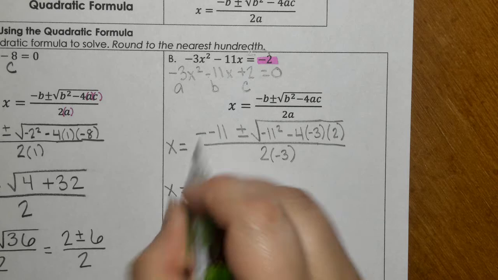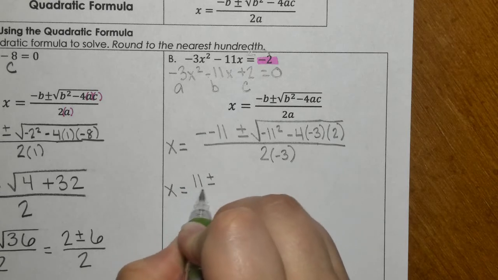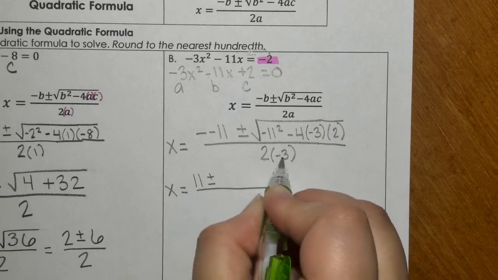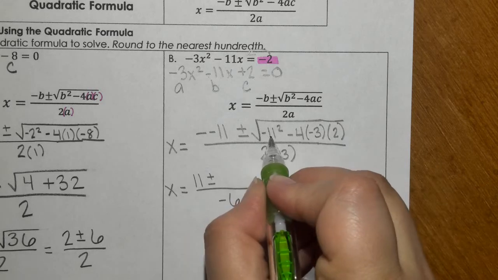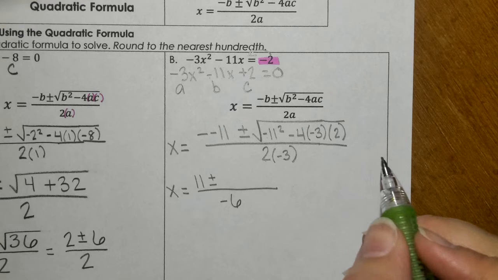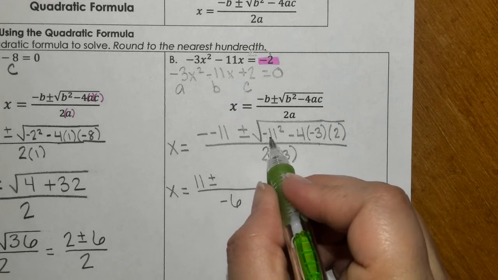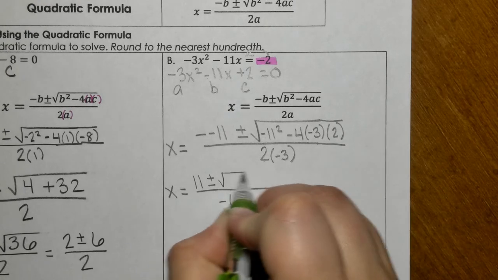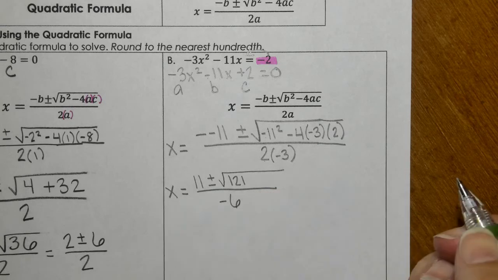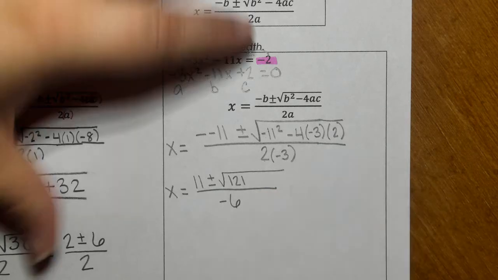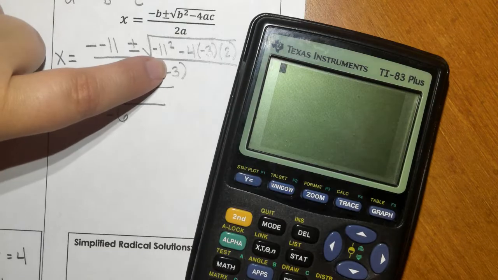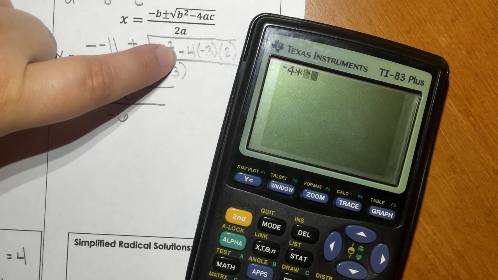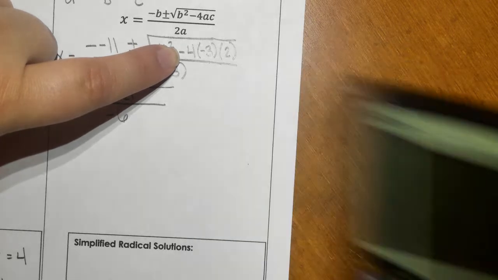A double negative makes a positive 11. And 2 times negative 3 makes negative 6. We discussed that negative 11 squared is really negative 11 times negative 11. That is a positive 121. Now we're going to do negative 4 times negative 3 times 2, which is 24.